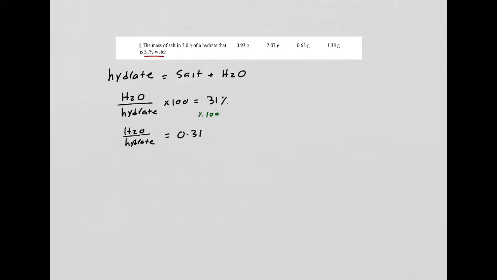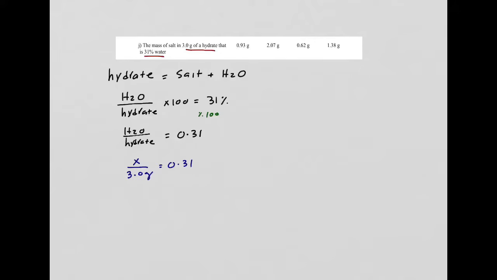All right. Now, what's the other piece of information they gave you? Grams of the hydrate. So I'm going to put this in. I don't know the grams of water, but the grams of the hydrate is 3.0 grams, equals 0.31.